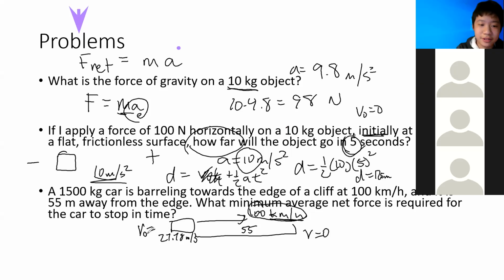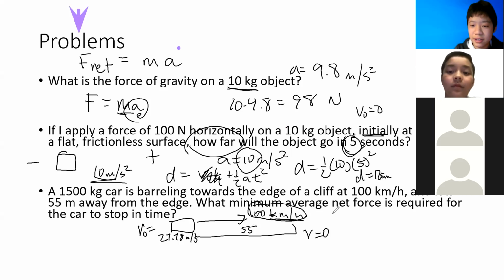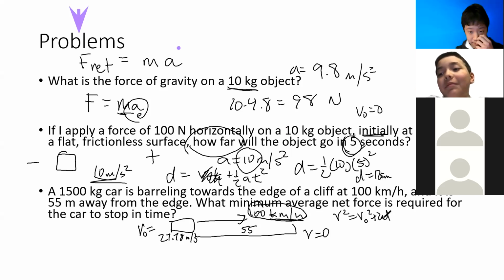Okay, so I have a v0. I'm going to have to apply an acceleration to stop this in time. So this is asking for the kinematic equation v squared equals v0 squared plus 2ad, right? Using the information I have here, I can solve for my acceleration.